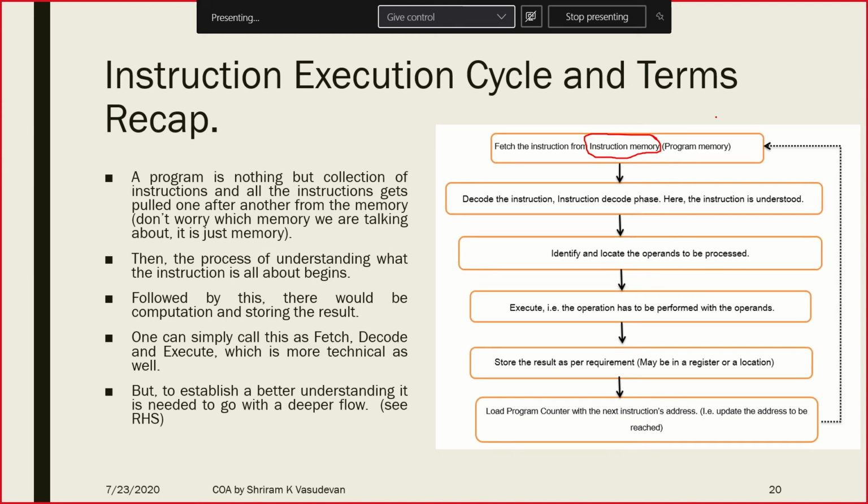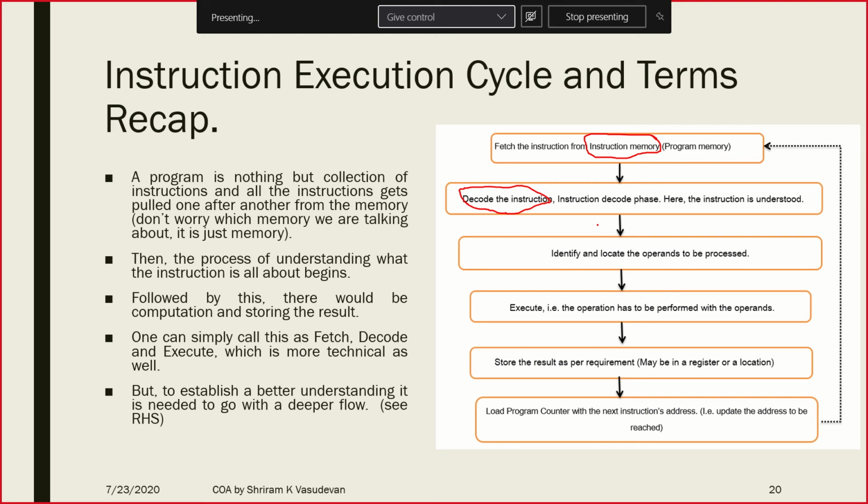We have seen that in the previous semester, where fetch, decode and execute are the three very important components in any instruction execution. So the first step, fetching, is done, and then I'll go with decoding the instruction. Here, if the instruction is all correct, it will be decoded properly and it would be understood what the instruction is meant for, what all the operands are that are to be used, where the operands are located, and how to pull that operand.